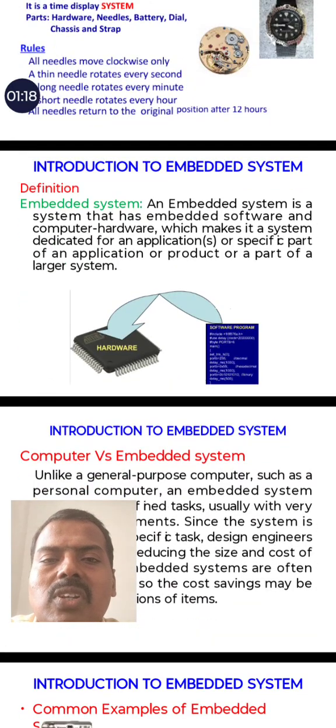The embedded system is a combination of both hardware and software embedded in it, which makes it dedicated to an application or a specific part of an application or product, as a part of a larger system.